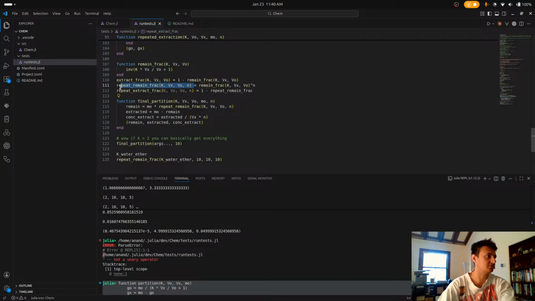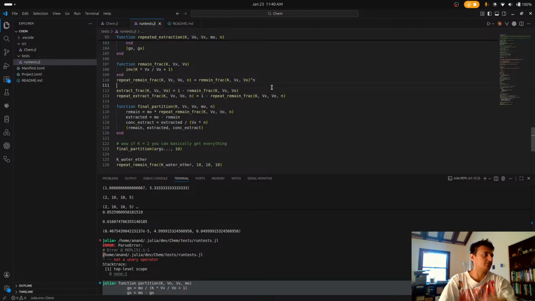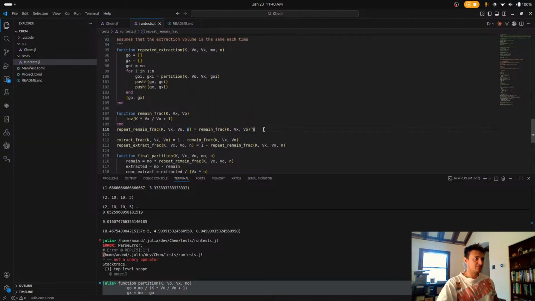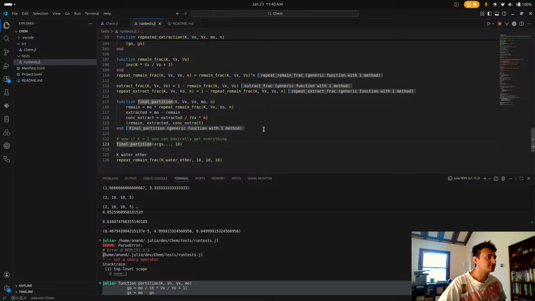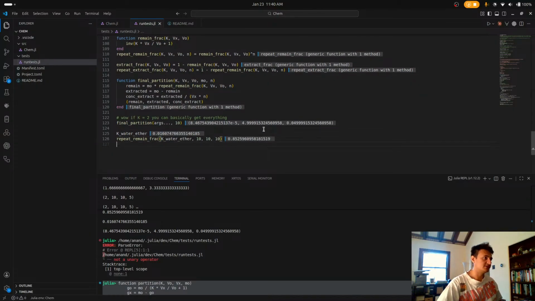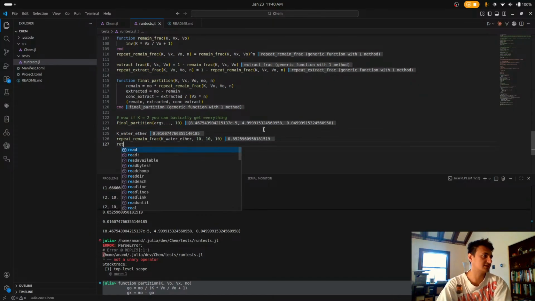Should have done this whole thing. Okay, cool. Just like a bunch of duplicate garbage functions, but at least it makes it somewhat easy to figure out. So now you can do, same thing. Repeat, extract, frac.